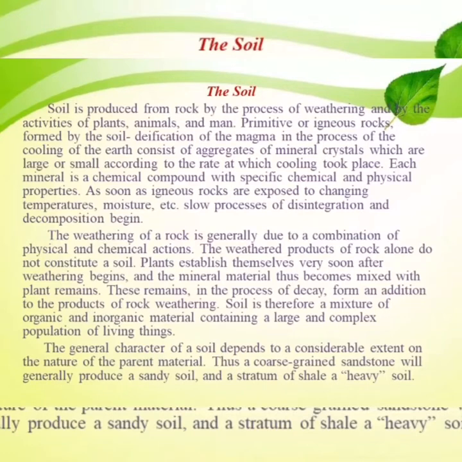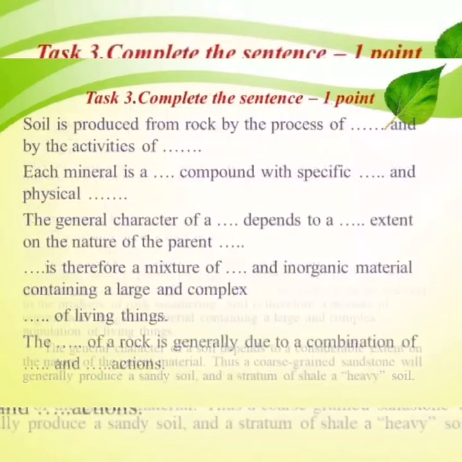Soil is therefore a mixture of organic and inorganic material containing a large and complex population of living things. The general character of a soil depends to a considerable extent on the nature of the parent material. Thus, a coarse-grained sandstone will generally produce a sandy soil, and a stratum of a shale a heavy soil.